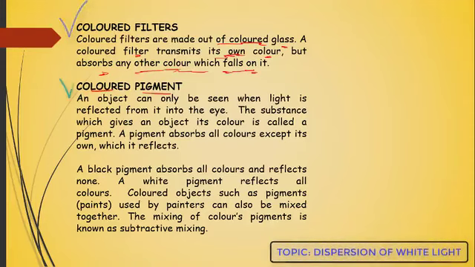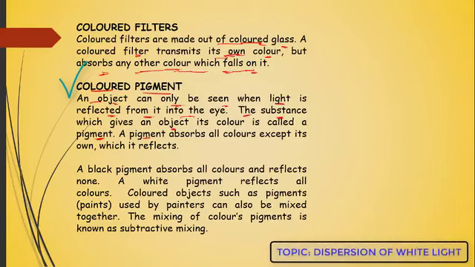And then we have colored pigment. An object can only be seen when light is reflected from it into the eye. So when an object is to be visible to the eye, it simply means that light has to reflect from it into the eye. The substance that gives objects their color is called pigment.